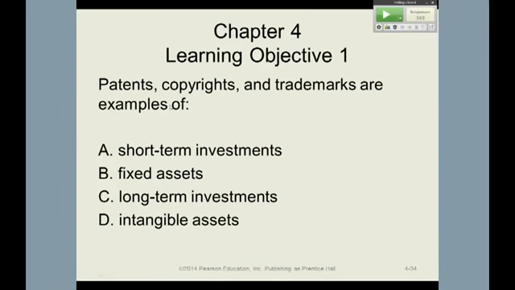All right, so now, in this case, I'm doing the timing, so I'll let you know when time's up. Patents, copyrights, and trademarks are examples of what type of asset? What would be the classification? Now remember, we talked about classified balance sheets.